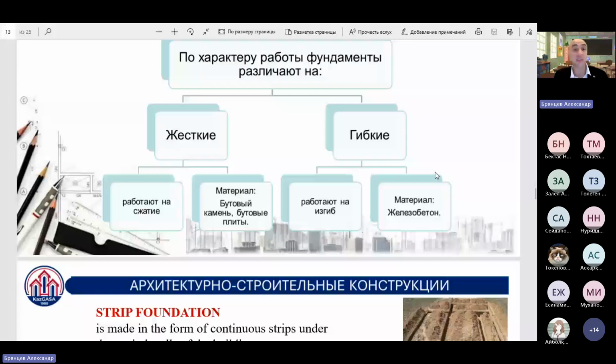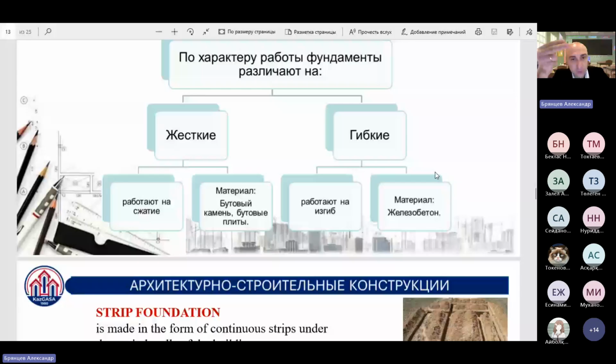Traditionally, it is used for low-story buildings and maybe heavy masonry construction. And the flexible foundation is capable of working under both compression (сжатие) and bending (растяжение). So these are modern reinforced concrete structures which can resist a complex of these two schemes.